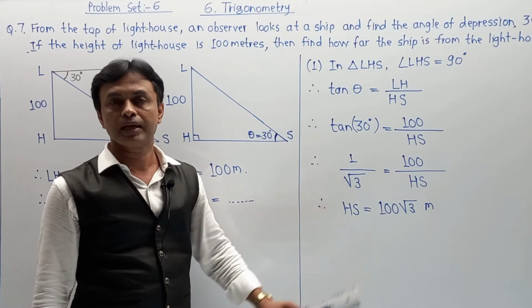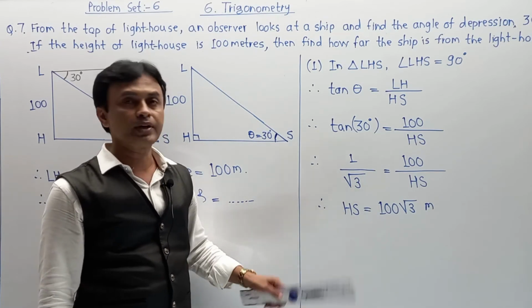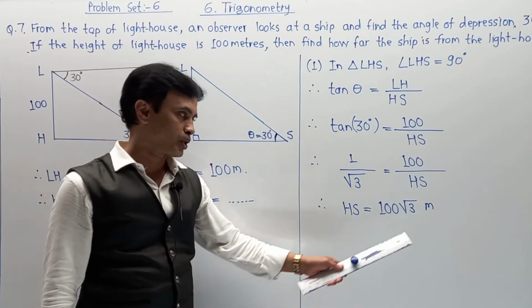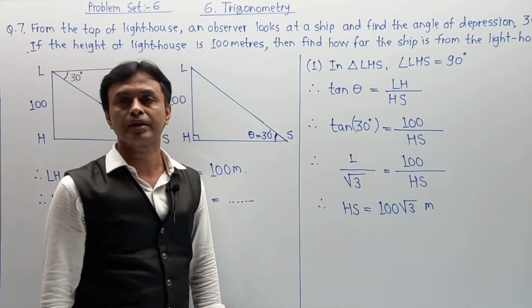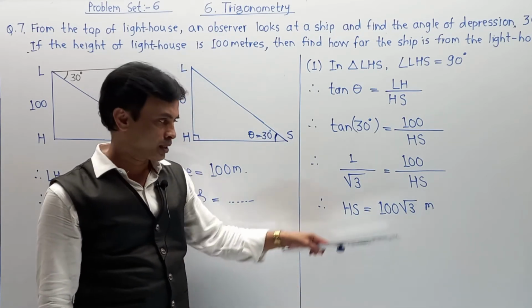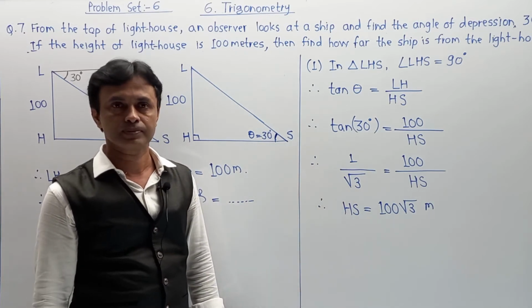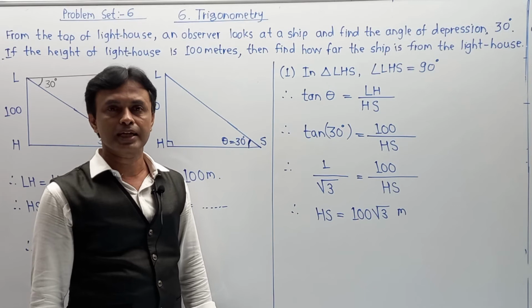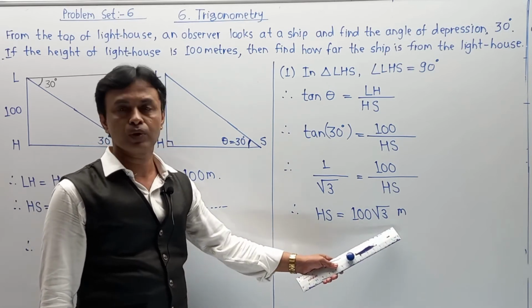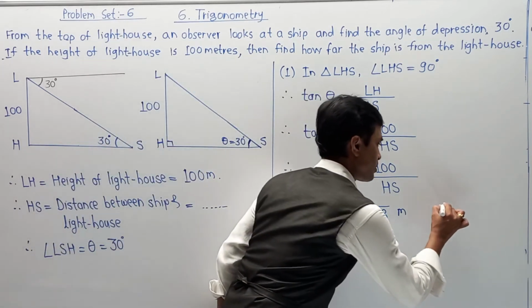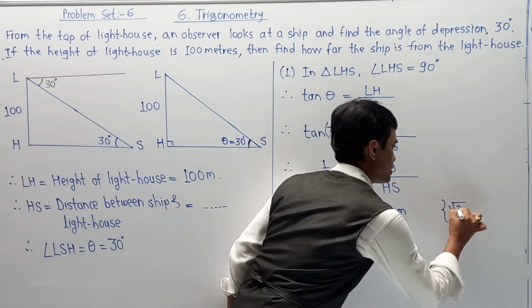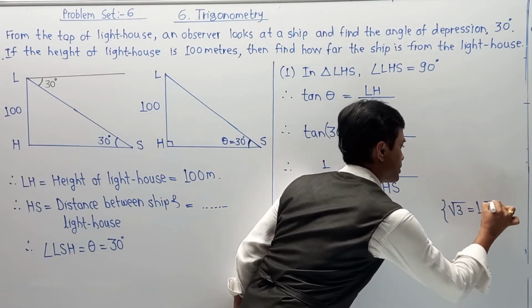Up to this step they have given an answer in the book. If anyone is interested in solving it further, you can put the value of root 3, that is 1.73. But up to this step the answer is perfect. Remember, as per statistical data, we very well know the root 3 value. In most numericals it is given, and root 3 is nothing but 1.73.